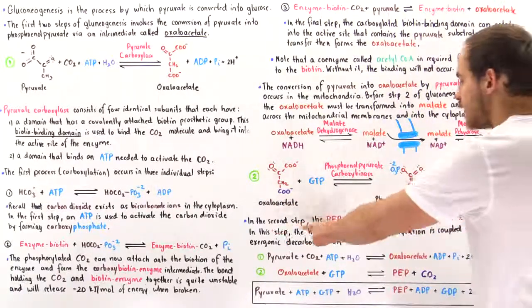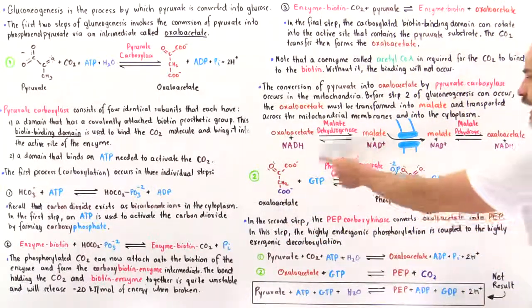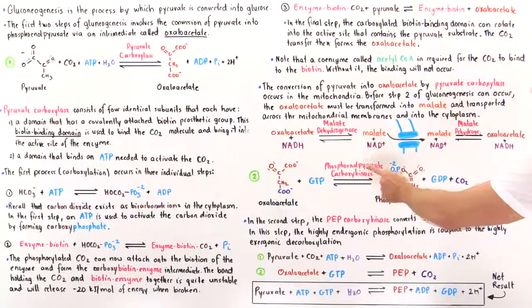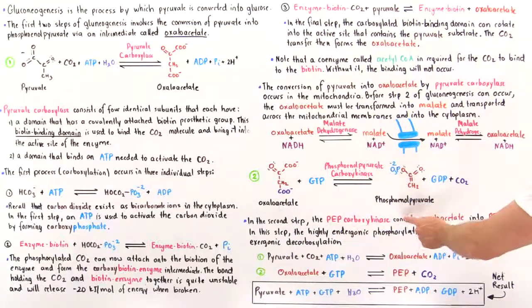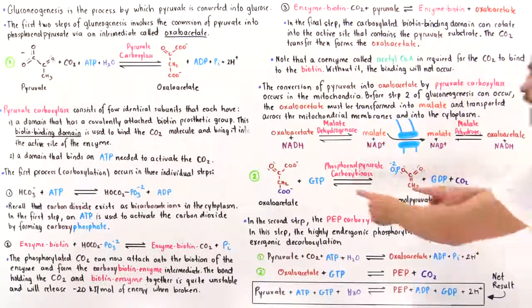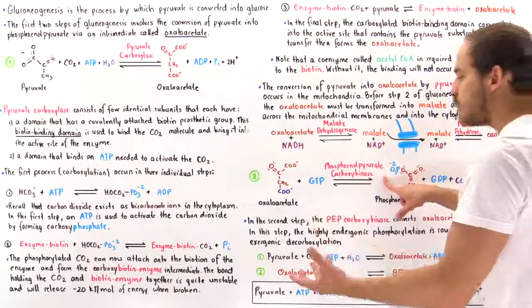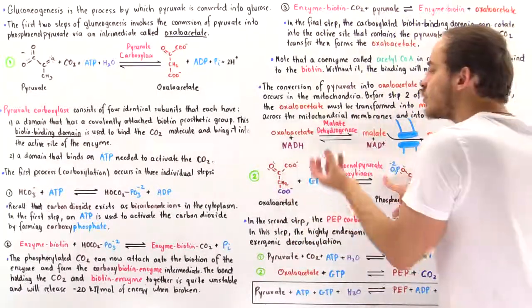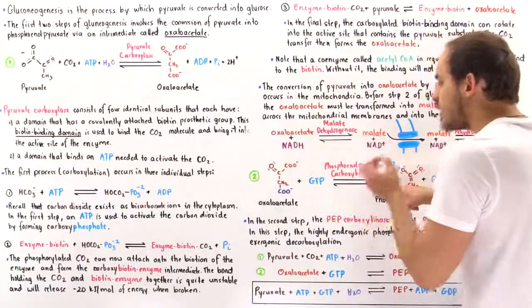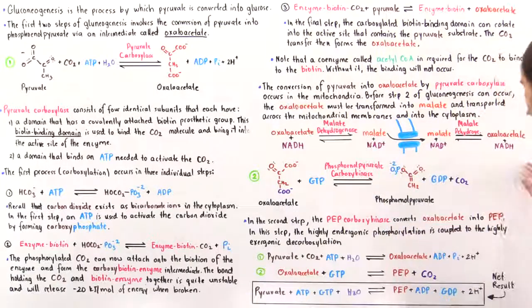And so in the second step, we see that an enzyme called phosphoenolpyruvate carboxykinase, or PEP carboxykinase, converts the oxaloacetate into PEP. Now, carboxykinase once again means we're coupling the decarboxylation reaction with the phosphorylation reaction.